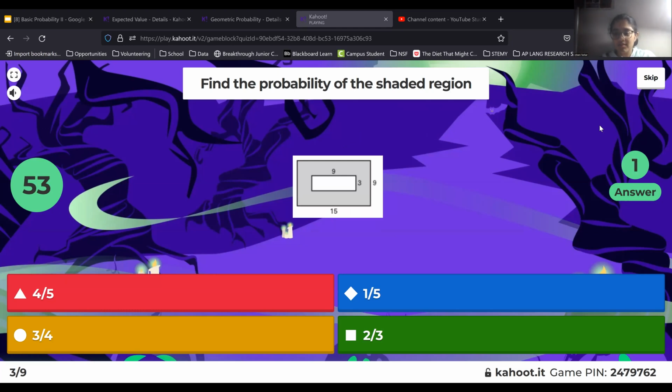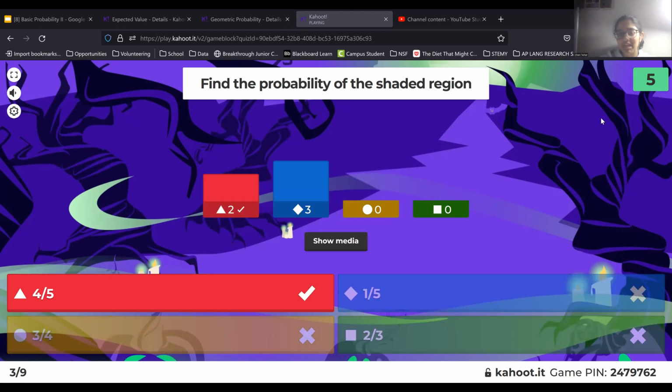Find the probability of the shaded region. Some of you might actually be doing the math, although you could notice the similarity between the larger rectangle and the smaller one and use that.